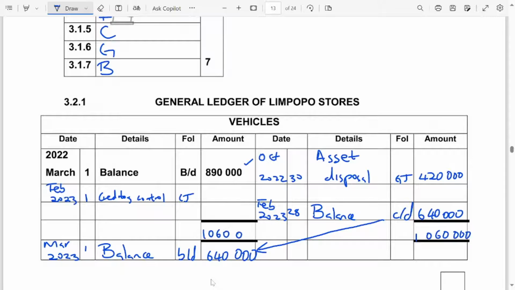So now we have to find the difference so that you can find the amount here. So minus 890,000. That is going to be 170,000. Just said 1,060,000 minus 890. That is going to be 170,000. So it means that an additional vehicle is 170,000.